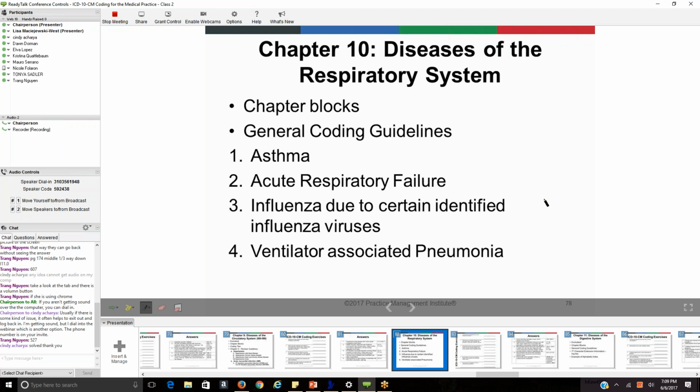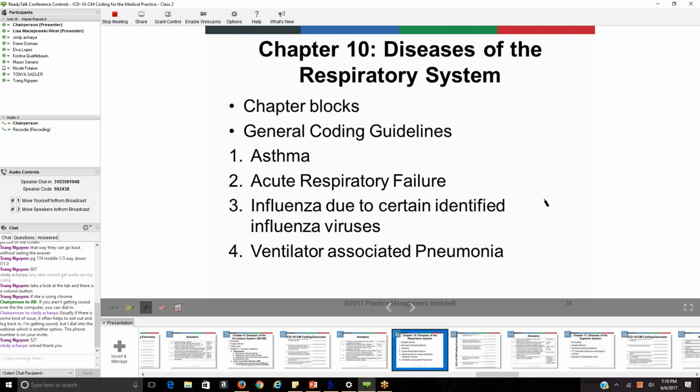General coding guidelines for asthma are on page 64 of your workbook. You'll notice that there are characterizations for severity, which can be documented as mild intermittent, mild persistent, moderate persistent, severe persistent, other, and unspecified.